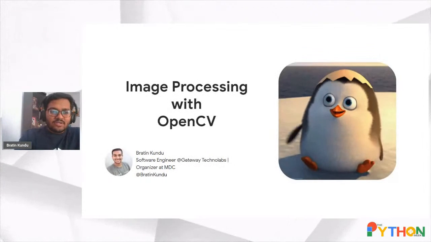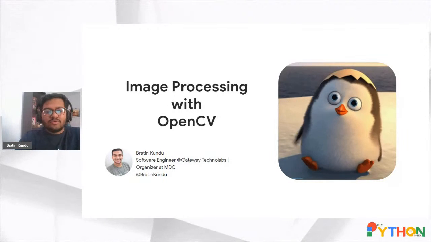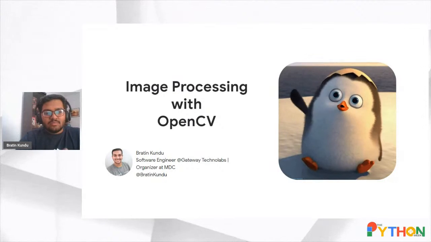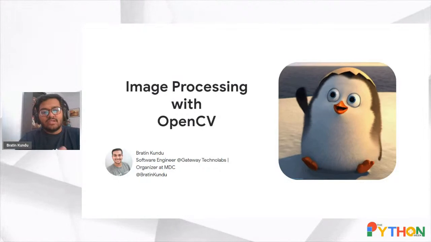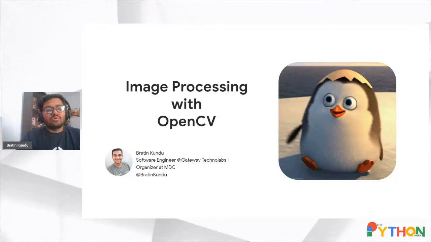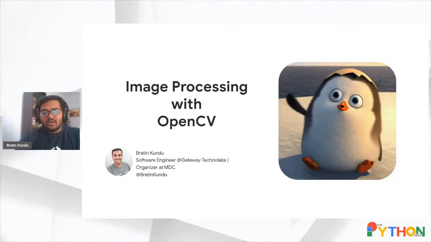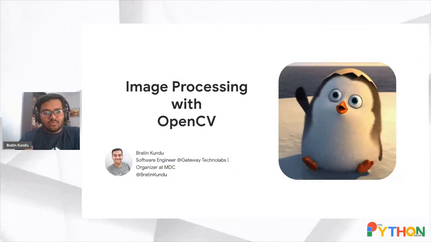So today we'll be talking about image processing with OpenCV. If you look at this title, image processing with OpenCV, it has two main things: one is image processing, and another is OpenCV. We'll be coming into each and everything. So first, let's take one at a time. Let's take image processing, the word.